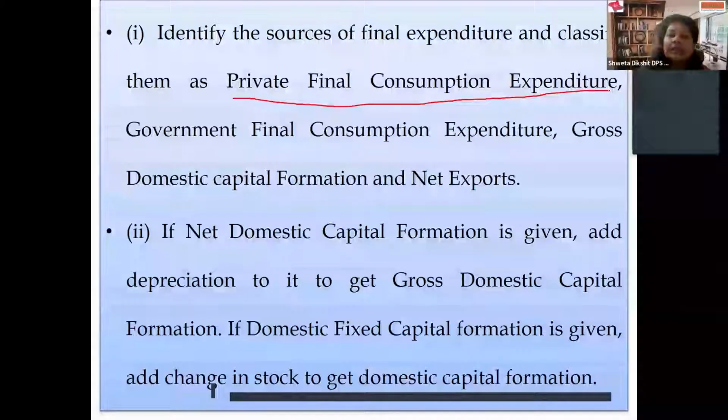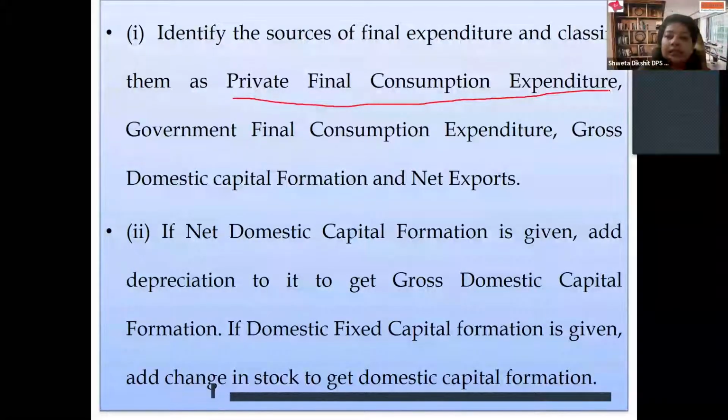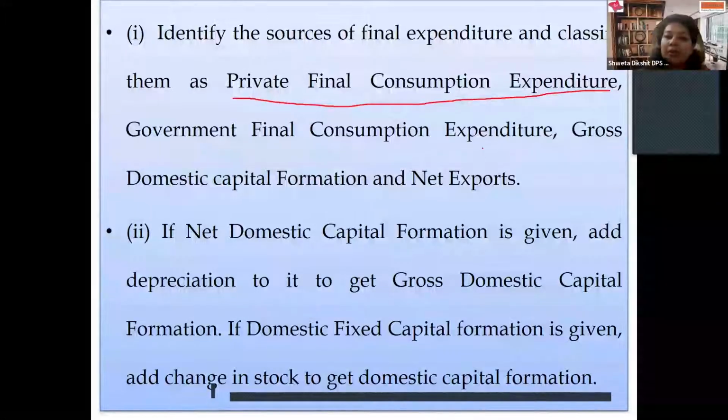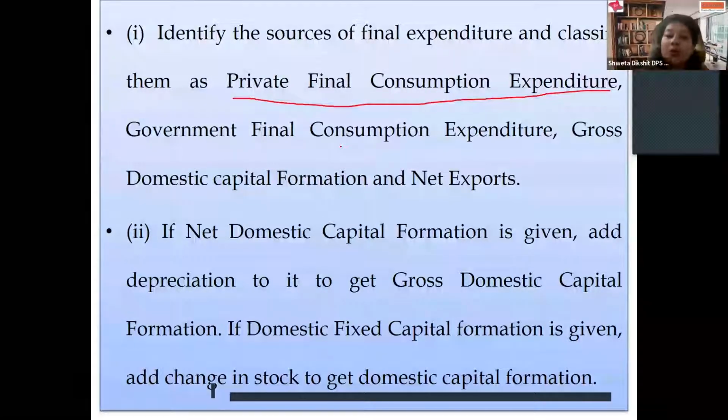It is nothing but the expenditures made by households. It's sometimes made by the government also, since the government also makes some kind of household expenditures. Sometimes non-government organizations also make household expenditure. So any kind of household expenditure is private final consumption expenditure.